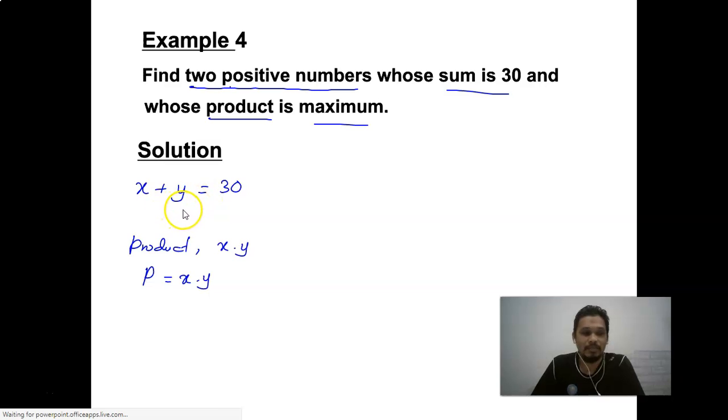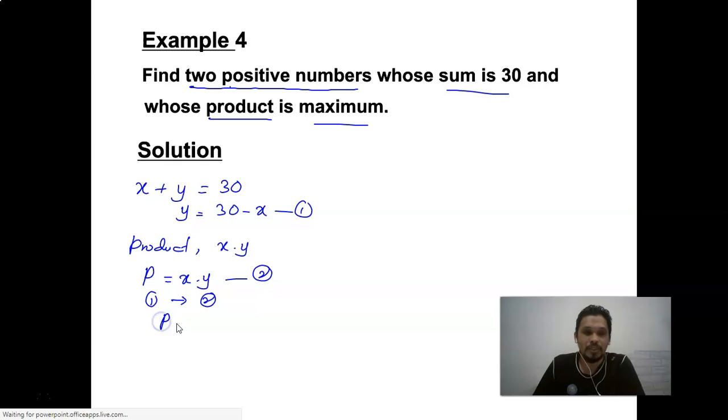And then let's make this y equal to 30 minus x. That makes equation 1, and this here is equation 2. So we substitute equation 1 into equation 2.